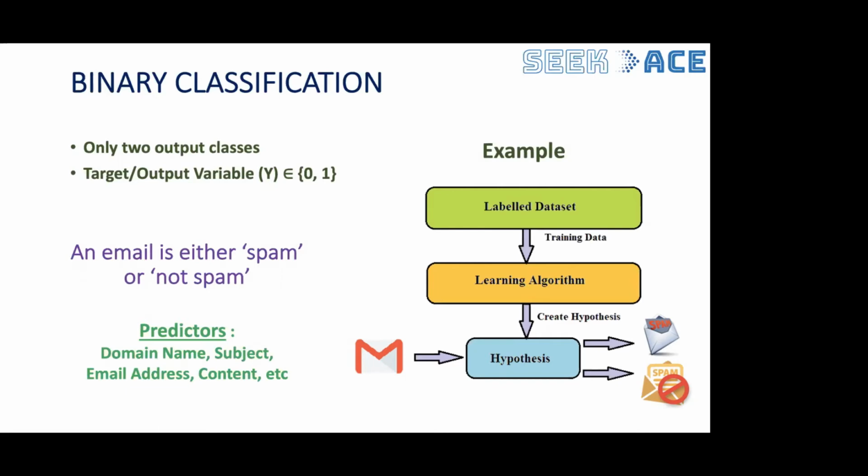Is the domain name suspicious? Is the subject suspicious? Is the email address suspicious? Then some algorithm tries to look at the content. Does it look like spam? So all these are our features.